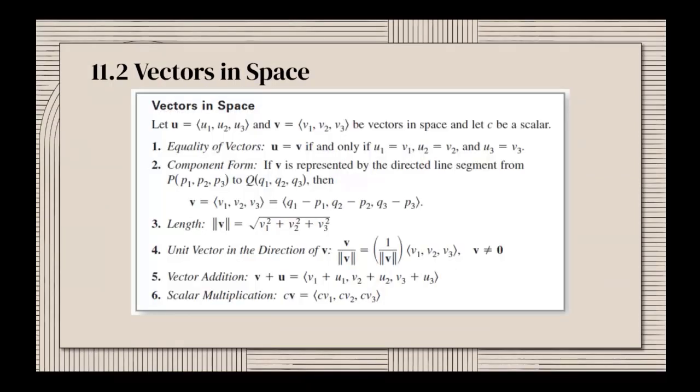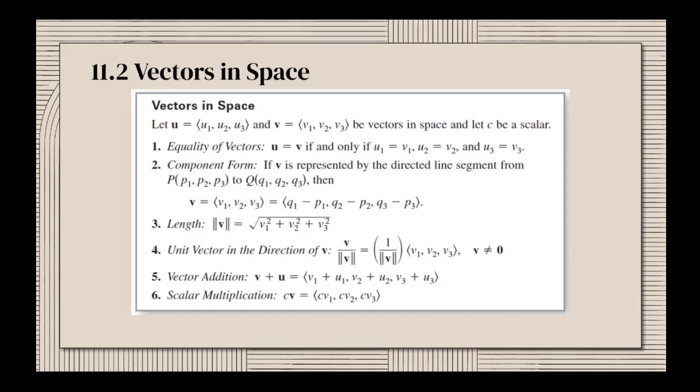So starting with vectors in space, this is just an overview on what 11.2 mainly covers. So first, these are just some properties that the vectors have, such as equality of vectors. If each component is equal to each other, then the vectors will be equal. And then we can represent vectors in multiple different forms, one of them being component form.